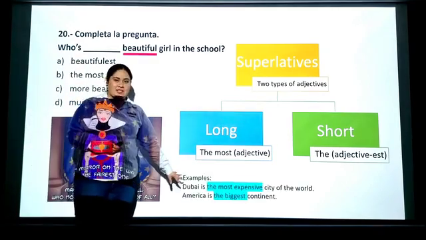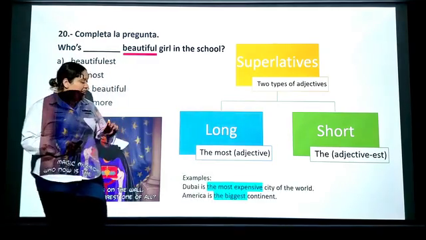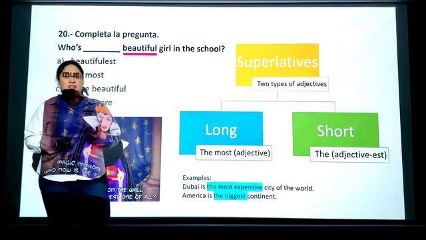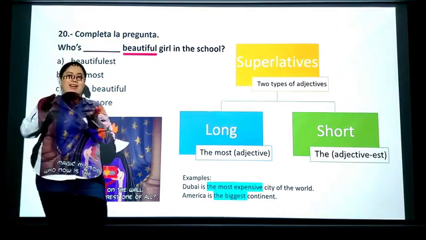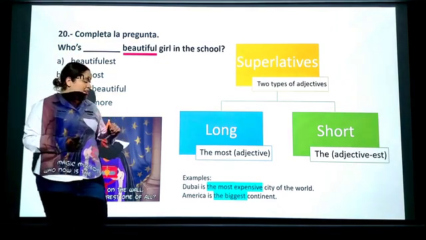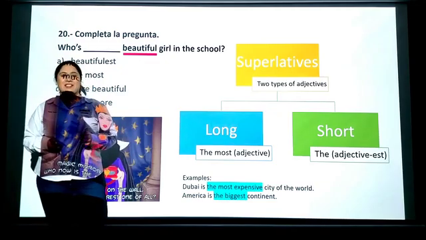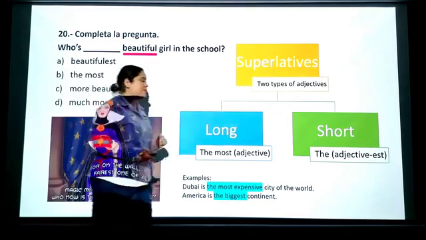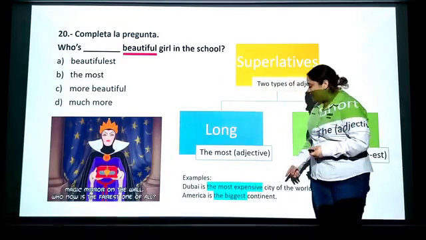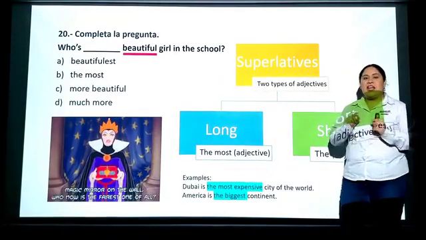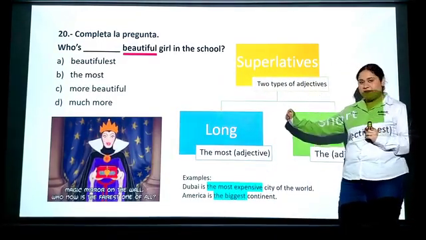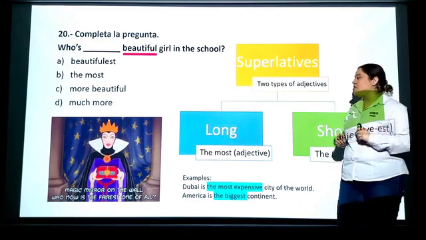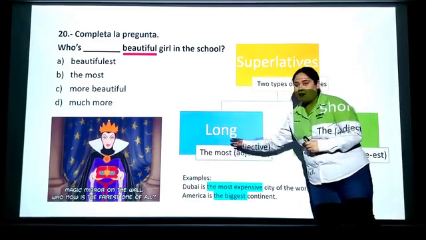Let's take a look at these examples. Dubai is the most expensive city in the world. And now, America is the biggest continent. Pay attention to this. In this case, the adjective was expensive. Very long, right? So we're going to use the most.